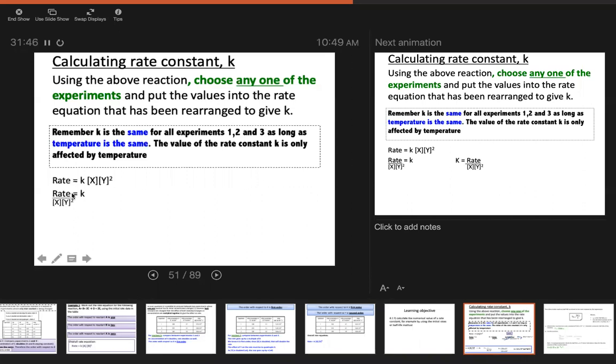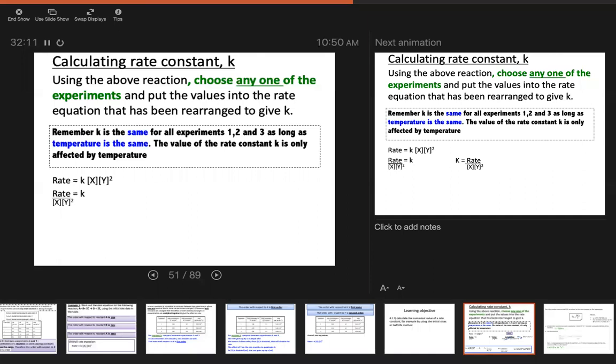You rearrange your expression. Your rate, you can just choose one experiment. Easiest is to use experiment number 1. Your rate is 0.15 times 10 to the power of minus 6. Your concentration of X is 0.05. Your concentration of Y is 0.1 squared.